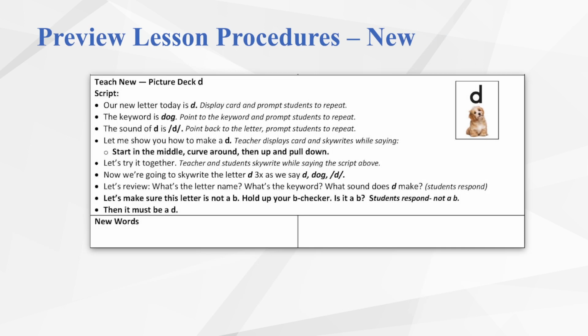After review components, our attention shifts to teaching something new. In this lesson, students are learning about the letter D, its name, keyword, sound, and letter formation. We use direct, explicit instruction to introduce new content, and then it's added to the review portion of the lesson.